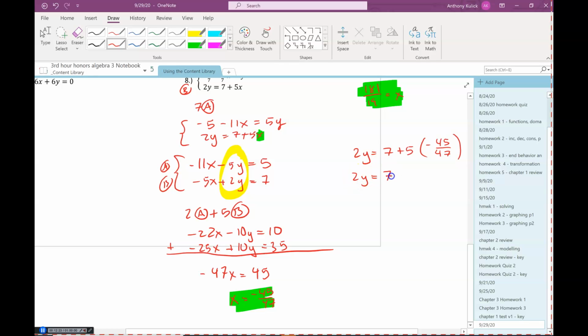And let's make a common denominator with the 7. 7 times 47 is 329. So 329 minus 225 is 104. And if I multiply by 1/2, I just get 52 out of 47.